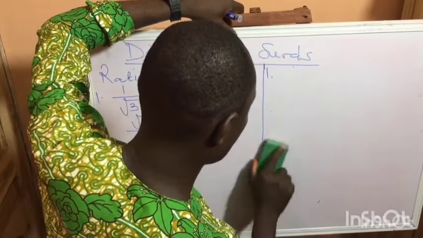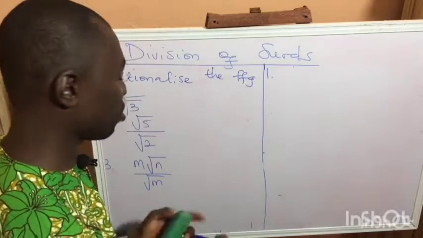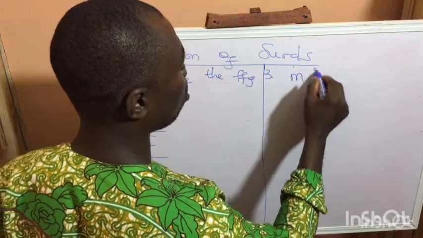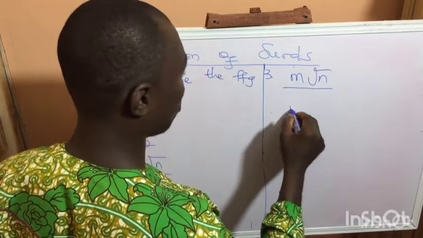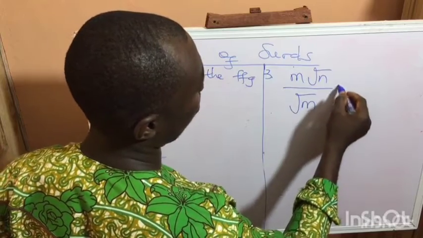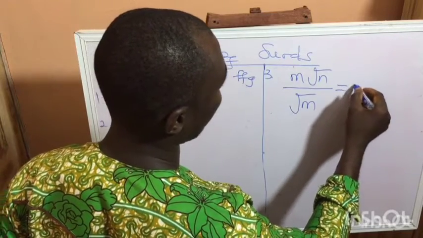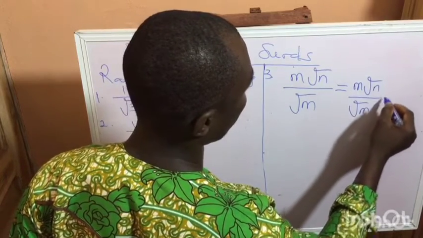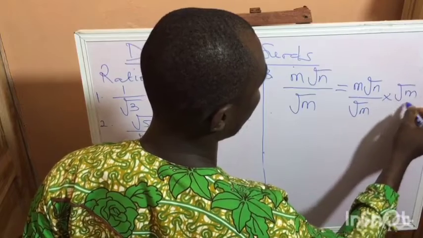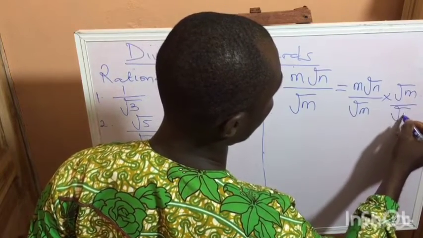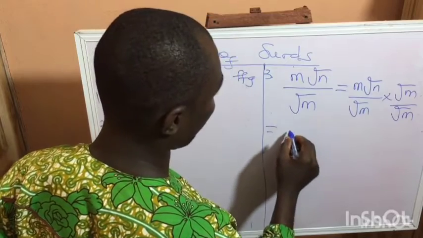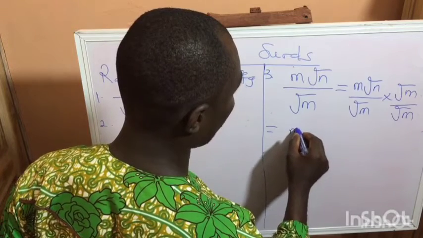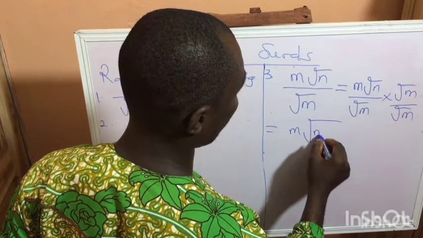That's m root n over root m. So we multiply by root m over root m. m root n times root m gives us m root mn.